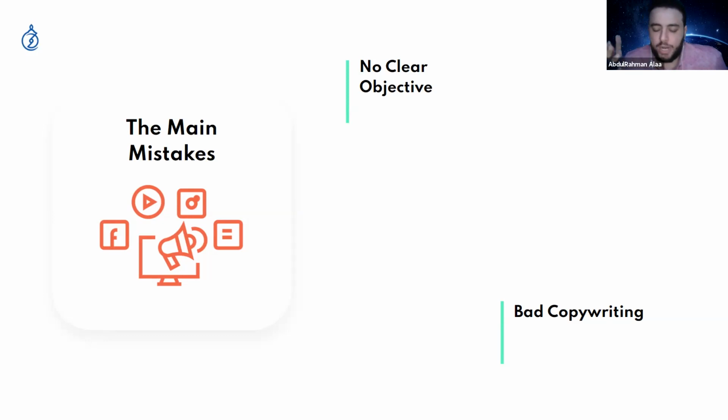When I ask clients what they want to do with Facebook ads, they say, I just want to sell my products. Okay, that's the goal, but not what you are going to do on Facebook specifically.